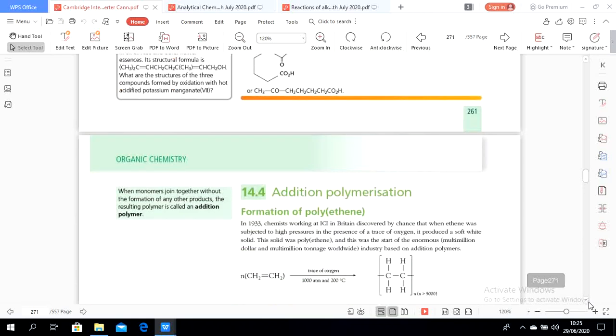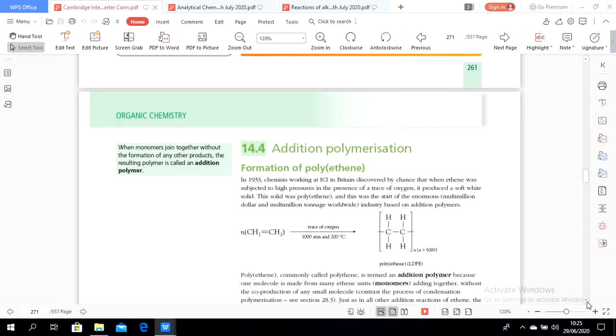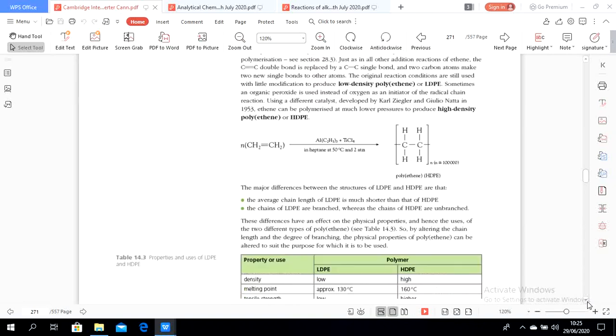So these are the addition reactions, and the last addition reaction in alkene is polymerization, meaning addition to itself. So alkene plus alkene will become a polymer. The monomers must be the same monomer, because the monomer characteristic is having a double bond.